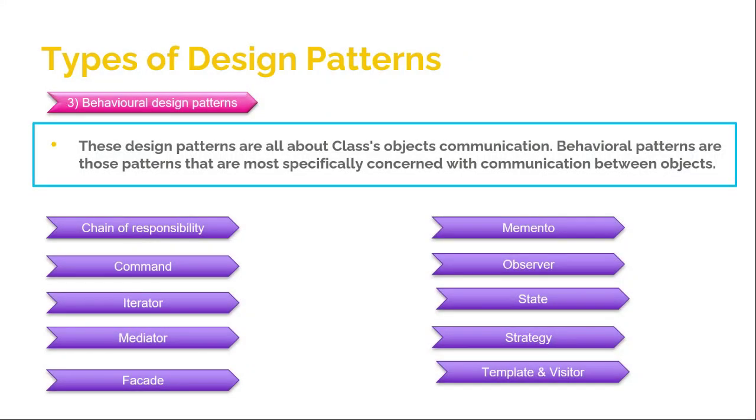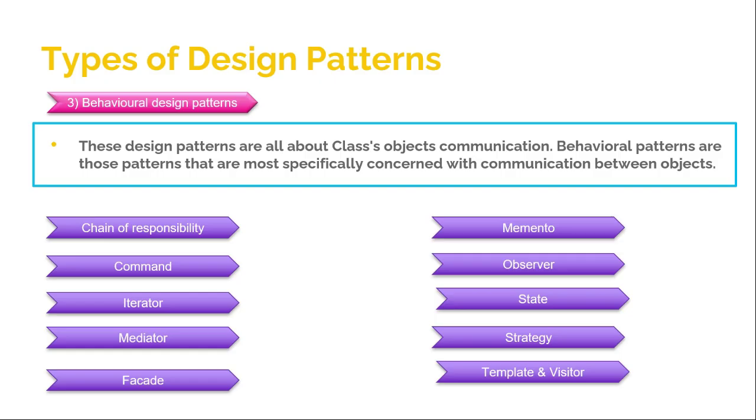Let's see the third type of design patterns, that is behavioral design patterns. These design patterns are all about class and object communication. So how you are communicating from one object to another object, and when there is a change in the communication and behavior, how you are making the change without affecting the projects.